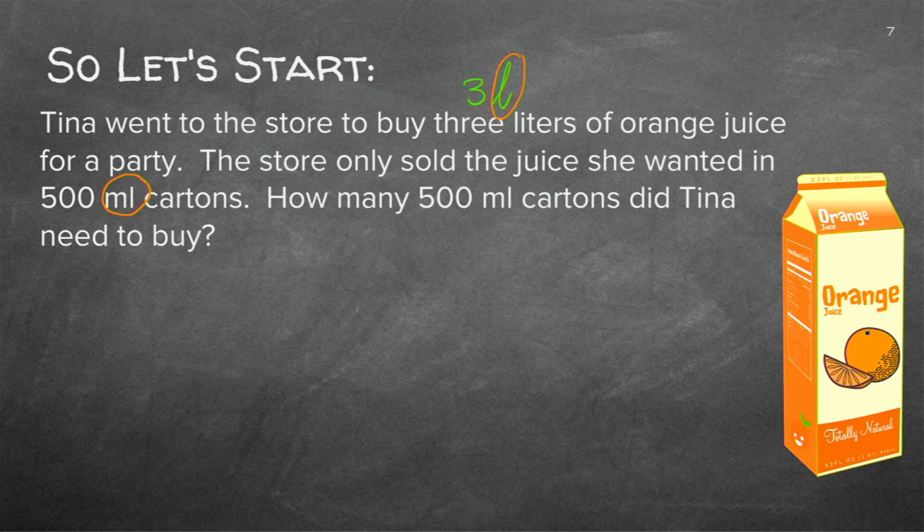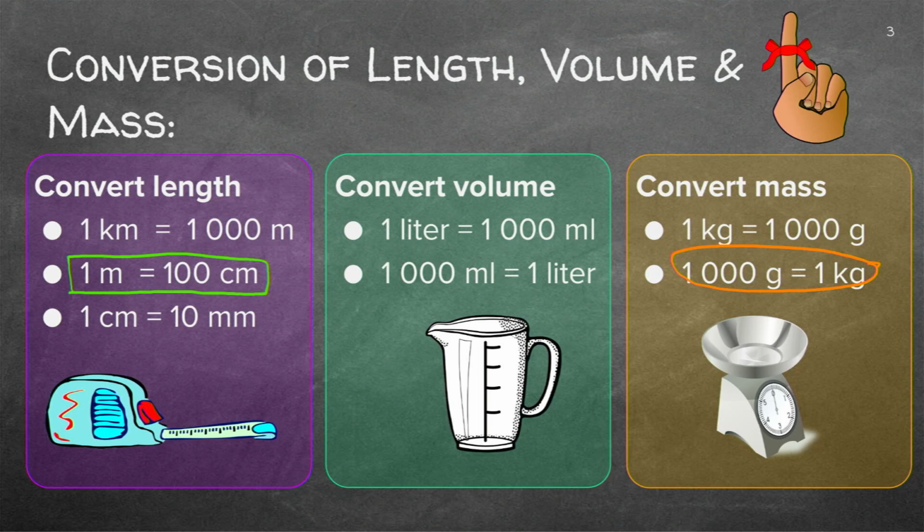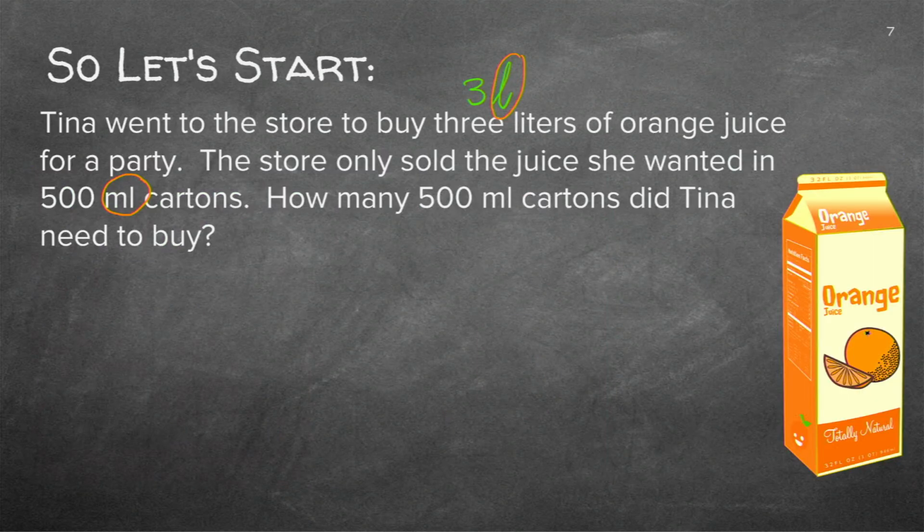How many 500 milliliter cartons did Tina need to buy? Now, if we go back, you will see 1 liter equals 1,000 milliliters. So now I want to get that liter to milliliters. So I will say times 1,000. And that will give you 3,000 liters.